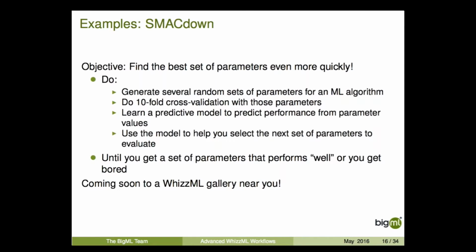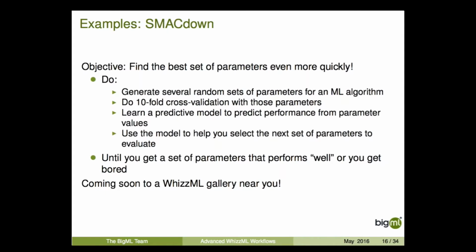So essentially we're going to start out by generating some random sets of parameters as before. We'll do cross-validation with those parameters to evaluate how good they were on our data. And then we'll actually learn a model on the parameter sets to predict performance for parameter values. There's no reason that we can't treat the performance of a machine learning algorithm as data that can be modeled in and of itself.